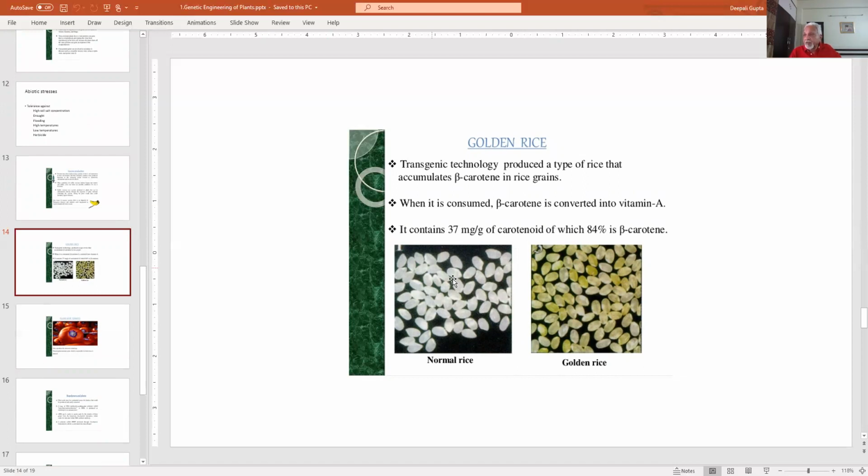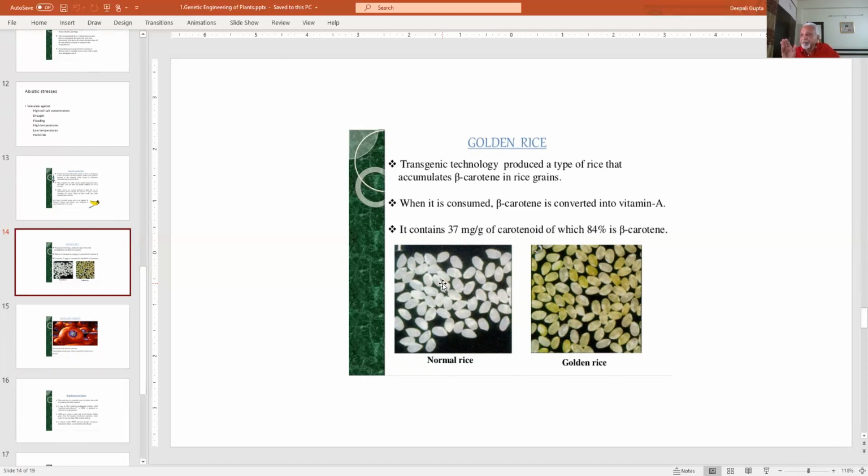And rice as a whole has undergone a lot of improvement in terms of qualitative and quantitative production in the field, using mutation breeding programs, and also a large number of technologies have been developed to protect rice from both abiotic and biotic factors so that its productivity can be increased. And we'll talk about this in future slides.